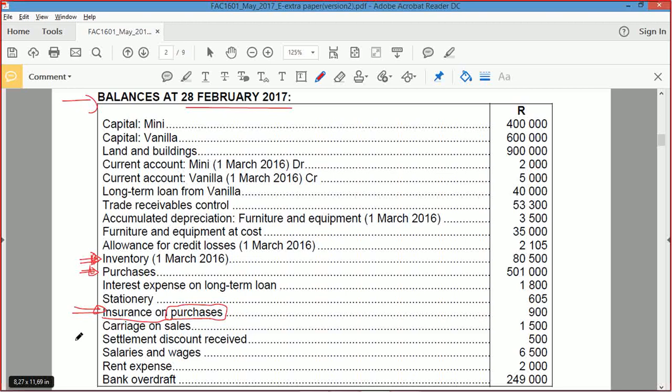No. Who do you have a settlement discount with? A company. Yes, your supplier. So you're paying them. Exactly. They're giving. Yes, that's correct. So if you're paying them, can you receive a discount? You can, if they give you discounts. Exactly. So here they are. So what is this going to be viewed as?